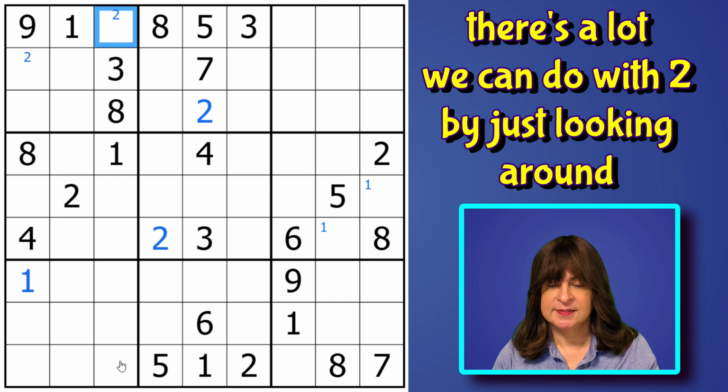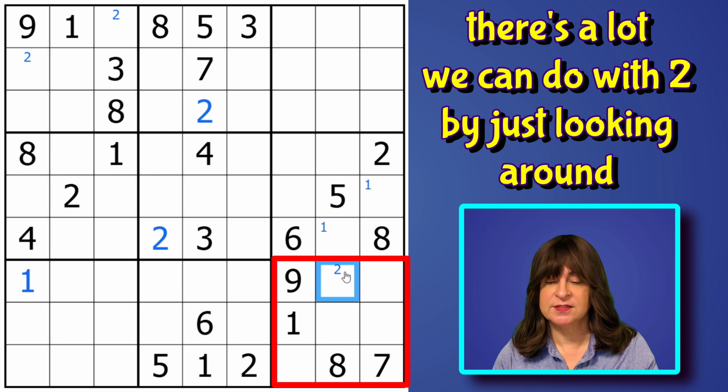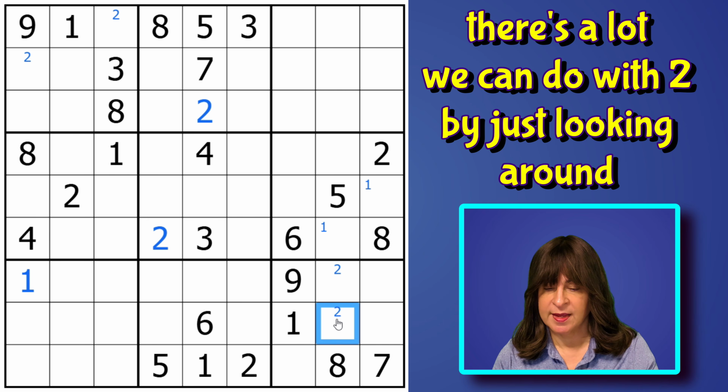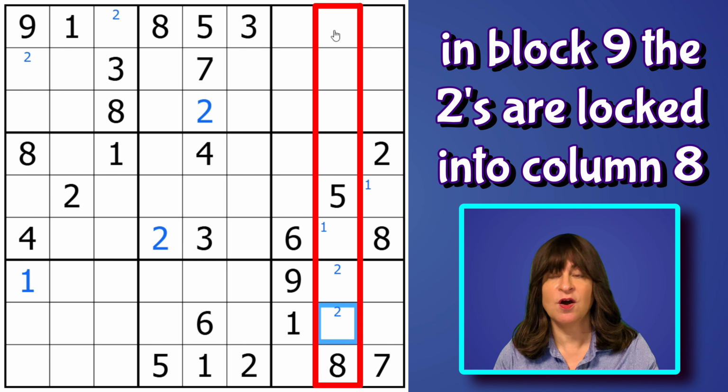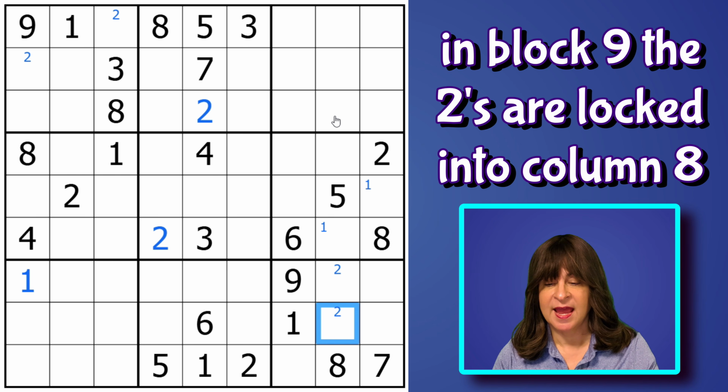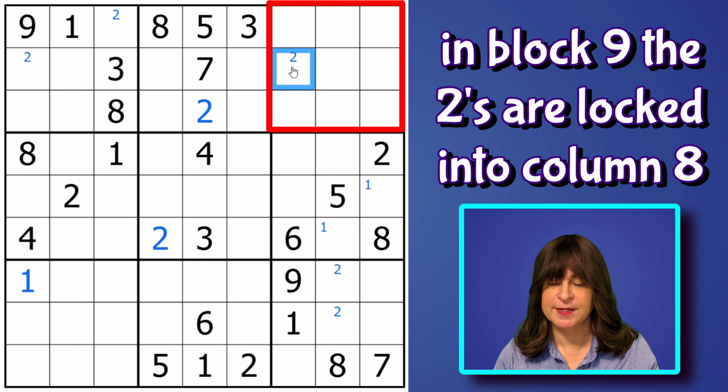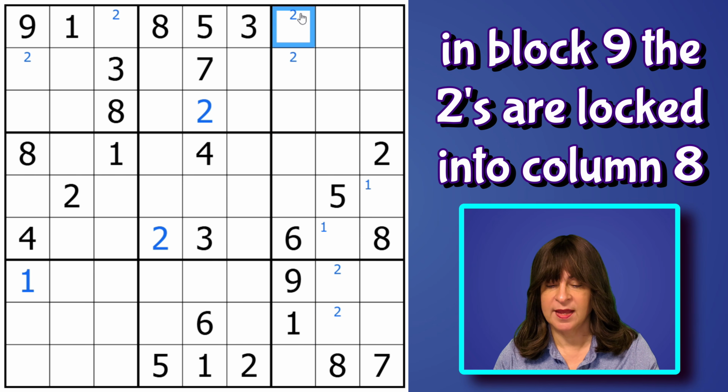And in block 9, I can pencil in 2s here and here. And now those 2s are locked into column 8, so there can't be any other 2s in column 8. And there's already a 2 in column 9, so I can pencil in 2s in block 3, here and here.